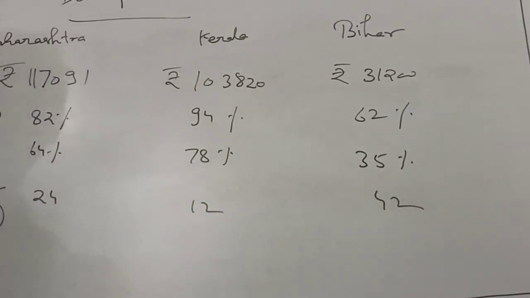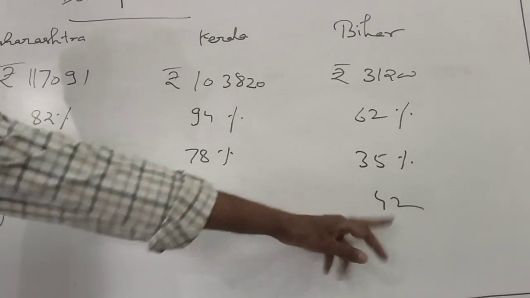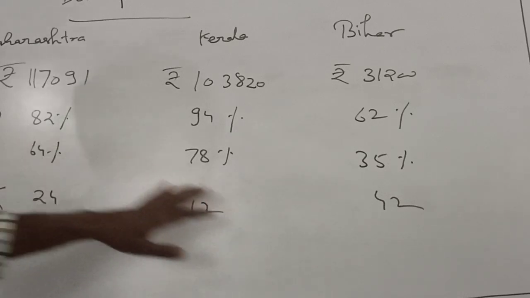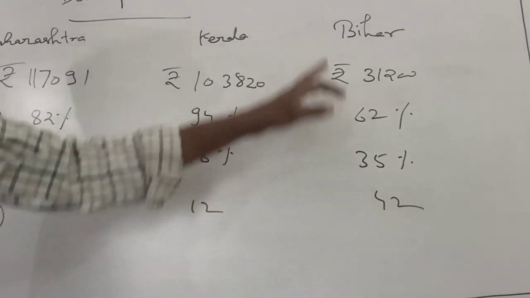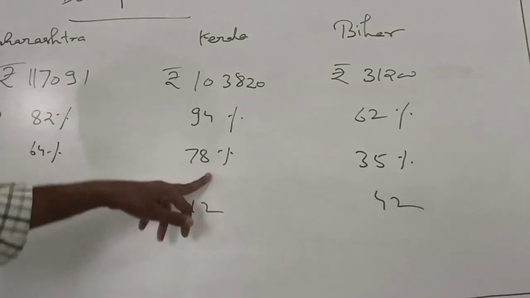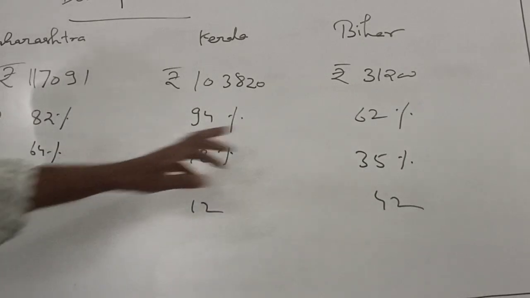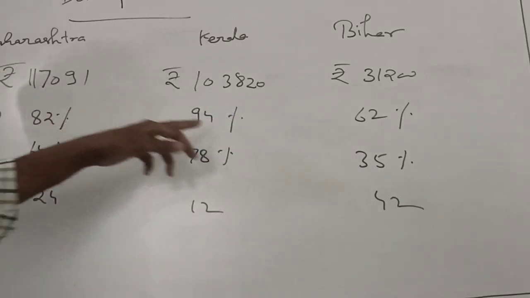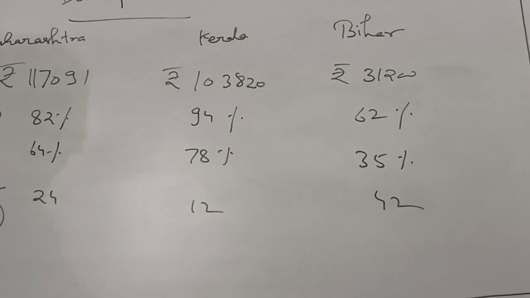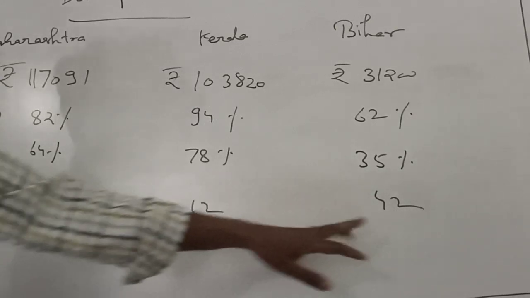So we can see that the infant mortality rate in Bihar is much higher because the net attendance ratio and the literacy rate are lower in this state. You can compare 64%, 78%, and 35%, and 62% against 82 to 94%. So that is the main reason why the infant mortality rate is much higher in Bihar.